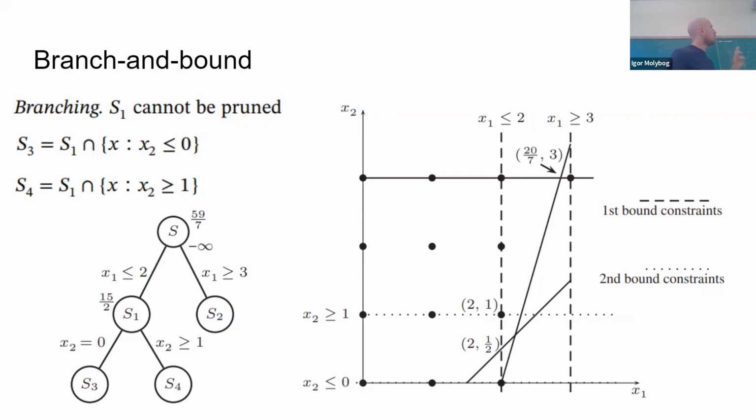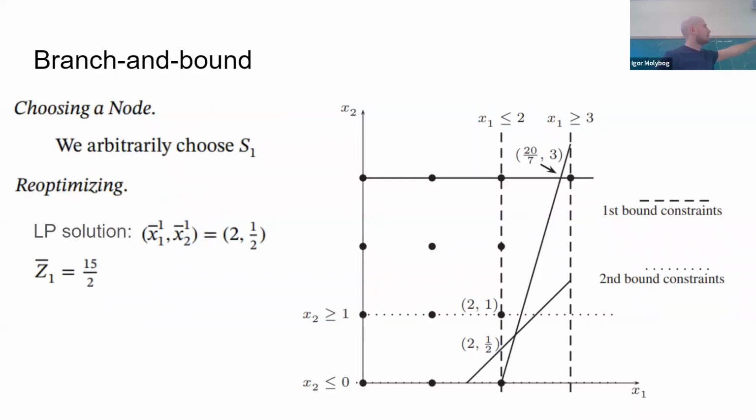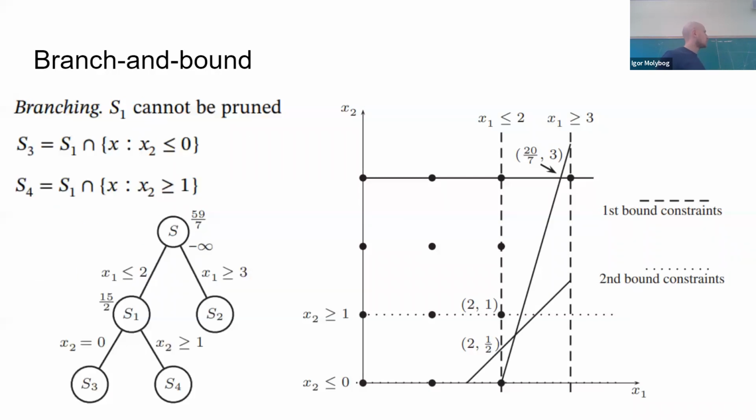S1 cannot be pruned, and we decide to branch. We have to branch on the second variable, because the second variable 1/2 is fractional for us. After we have branched, we have x2 less than or equal to 0 and x2 greater than or equal to 1. That introduces for us two new cuts. One is over here, and the other is over here, right?